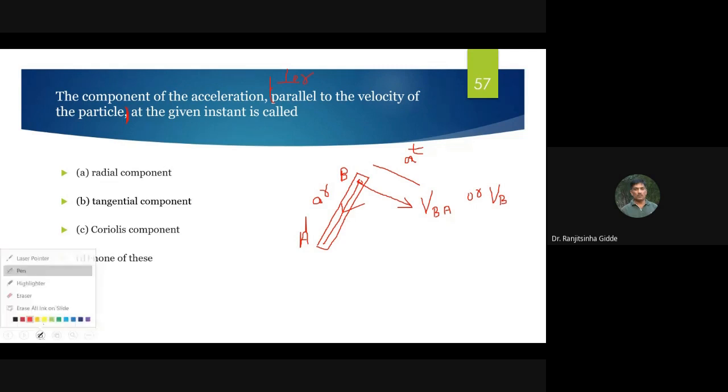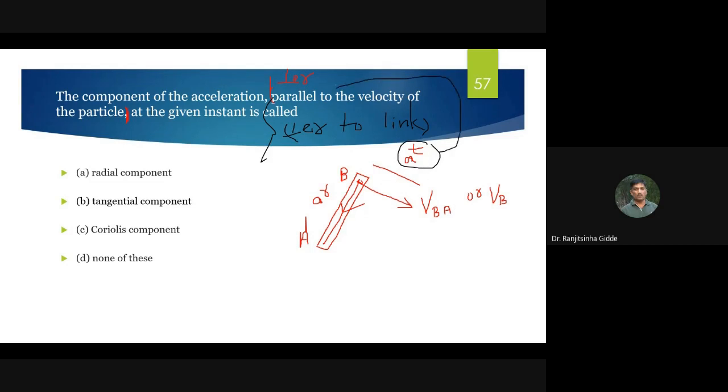So I will use some different color. Here I can write perpendicular to link. This is also correct. So this AT is parallel to link. Right, parallel to this velocity, and this AT is perpendicular to link.